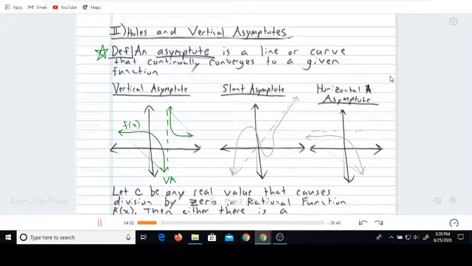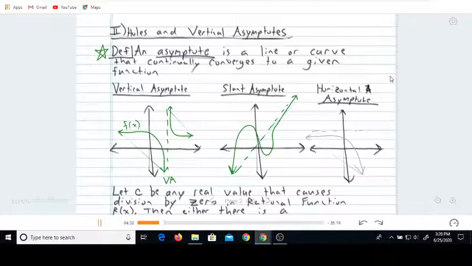So a slant asymptote is going to look something like this. So there's my asymptote with a dotted line, and you might have some function that looks like this. So it might curve around and play around for a little bit, but if we read from left to right, you can note that the function keeps getting closer and closer to the asymptote, and it will never stop getting closer to the asymptote.